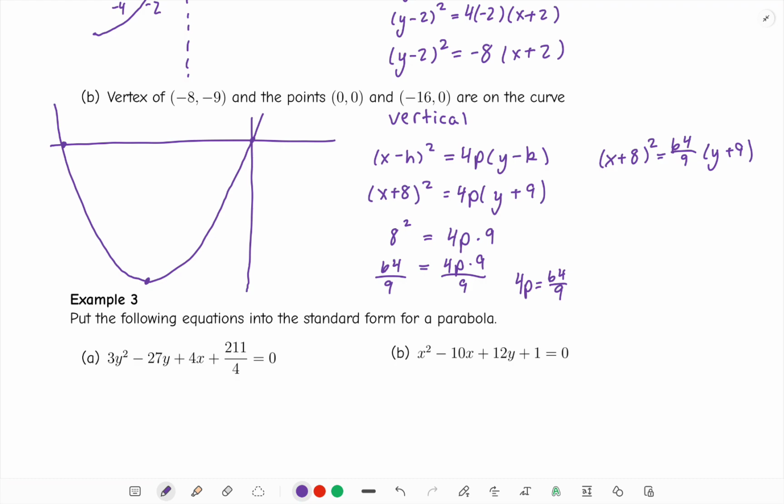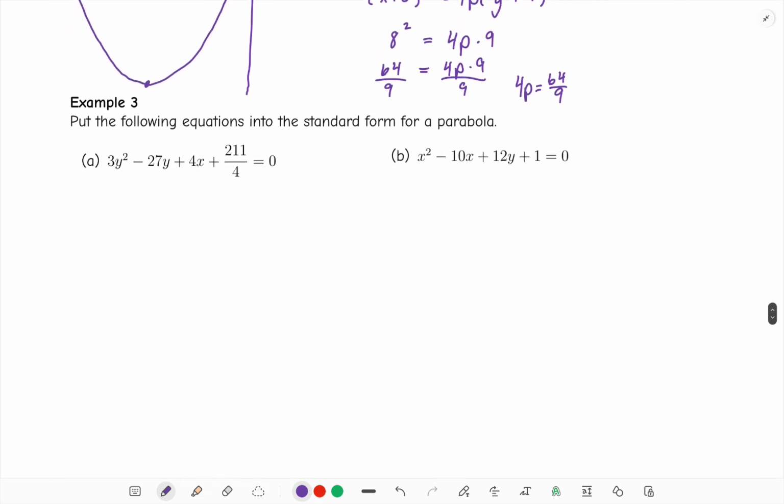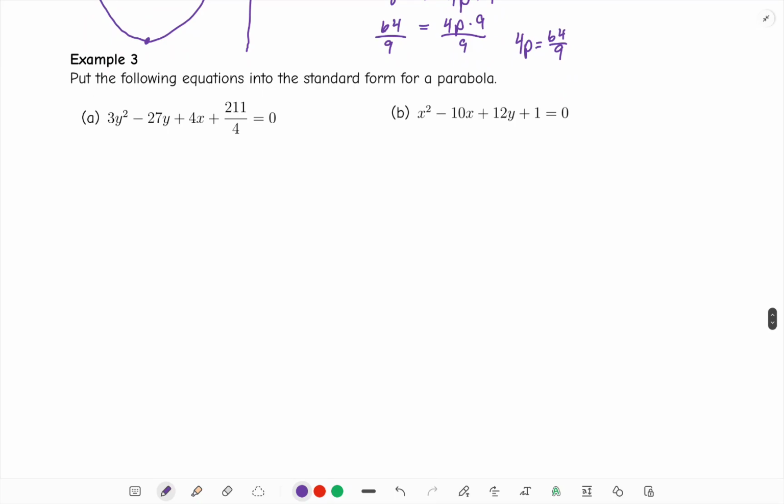Now, instead of giving you a graph or information about the parabola, I'm going to actually give you the equation of the parabola, but I want you to put it in standard form. Standard form for this section are the two formulas in the notes, not vertex form or ax squared plus bx plus c. So the first thing I'm going to do is identify the squared variable.